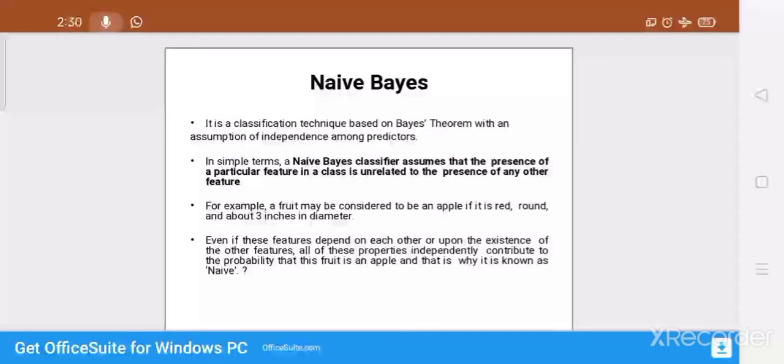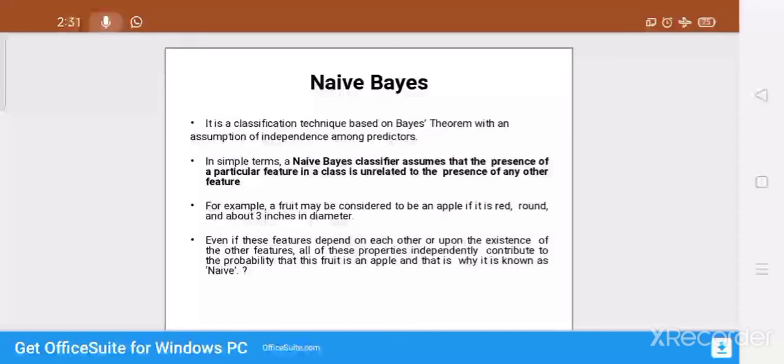Now what Naive Bayes does is consider each feature separately to predict the class label for that fruit, without the existence of the other features, or without depending on the other features.